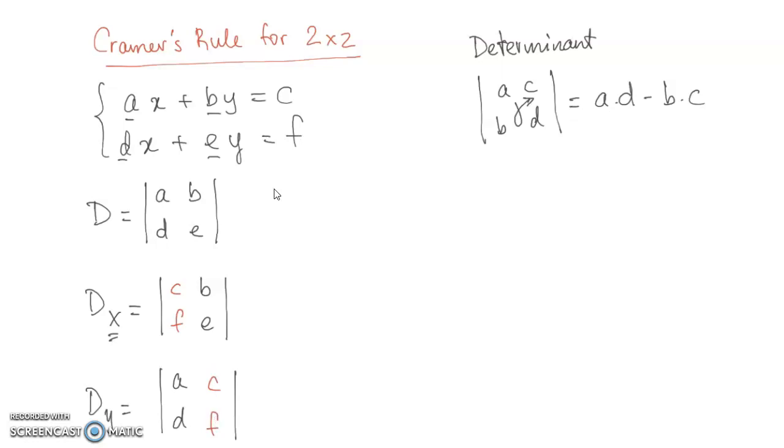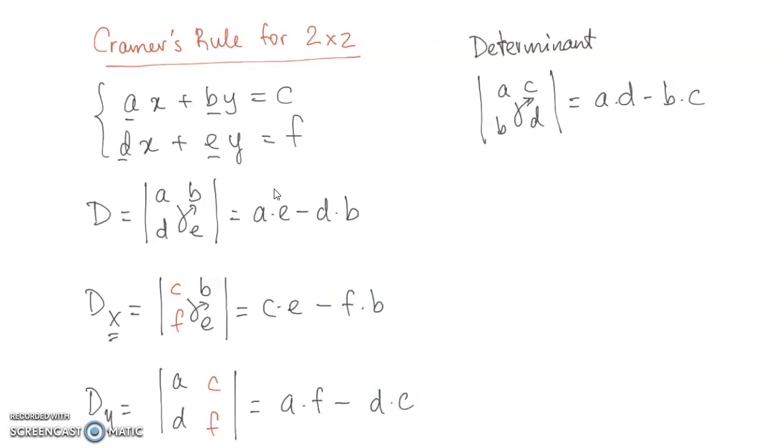And then here we do the same operation. So we have A times E minus D times B here. This one, C times E minus F times B. And this one, A times F minus D times C.